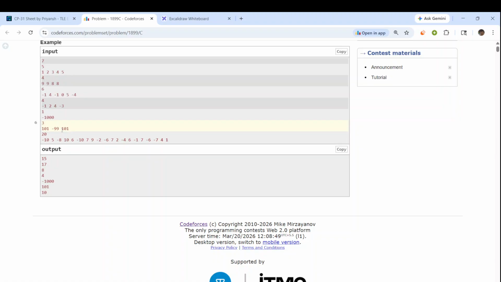If the parities are not the same, I'll do two, four, three, four, seven, four, nine, minus one, minus two, 5.